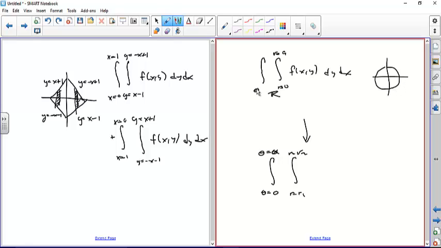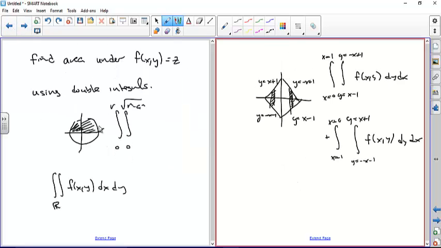And here you go from theta equals 0 to theta equals 2 pi. If you only wanted to do this part, so if I go back to this original problem here, if I wanted to do this integral in terms of r and theta, I just have to do r goes from 0 to r, and theta goes from 0 to pi over 2.